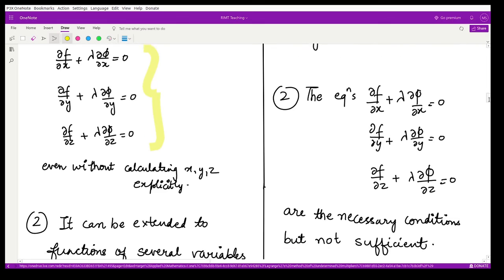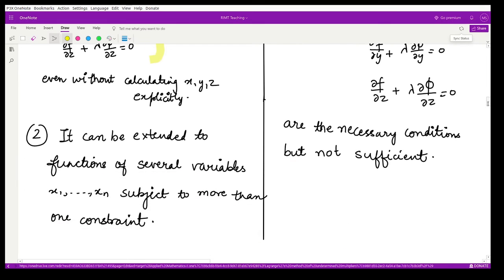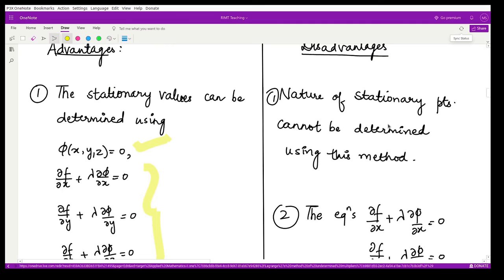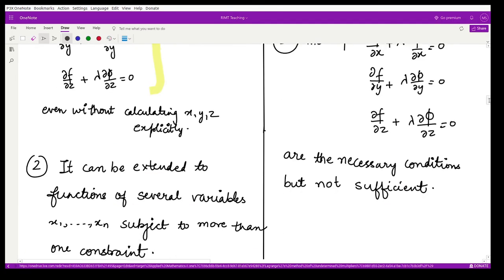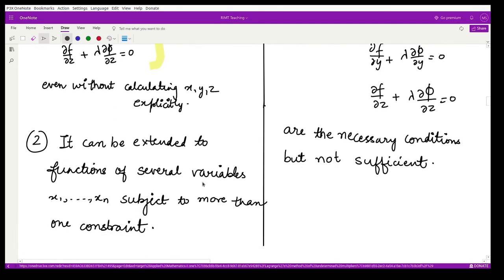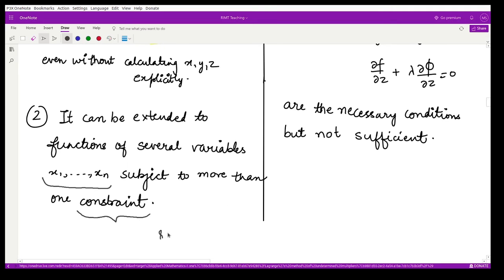So in certain applications, if you are only interested in calculating the maxima or the minima, you do not have to worry about the values of x and y. And the second advantage is that it can be extended to functions of several variables. Suppose you have n variables and many more constraints than just one, so you could use this method for more complex real world problems as well.